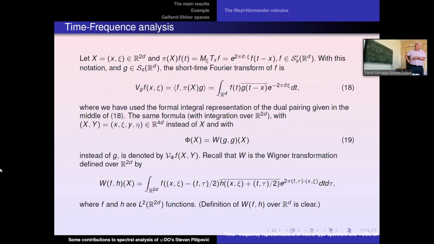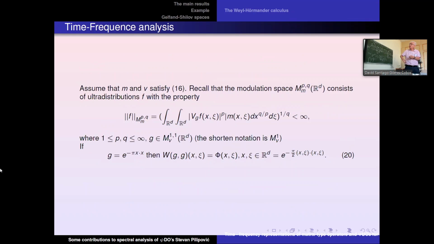I mean, when I look at this function h or g here, this is called the window function. So for that function, usually they use this M11 with some weight.